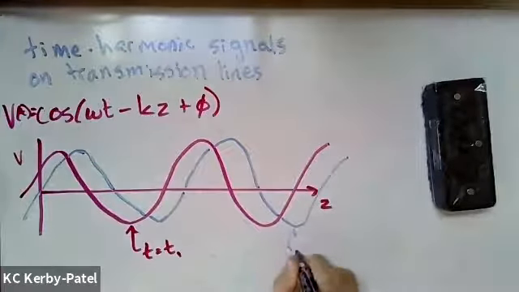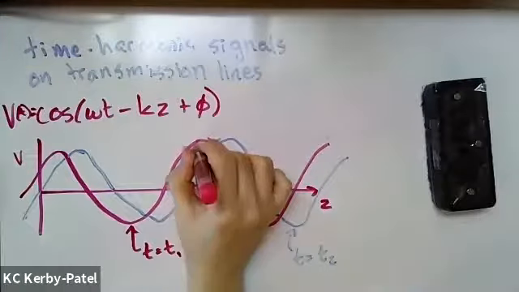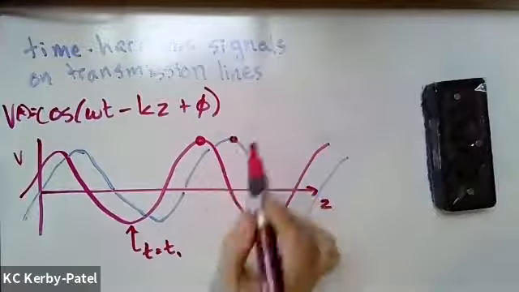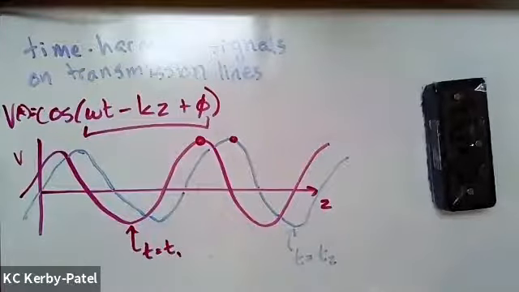And this might be at t equals t2. The reason this happens is because at this location on the wave, the argument of the cosine is the same value.